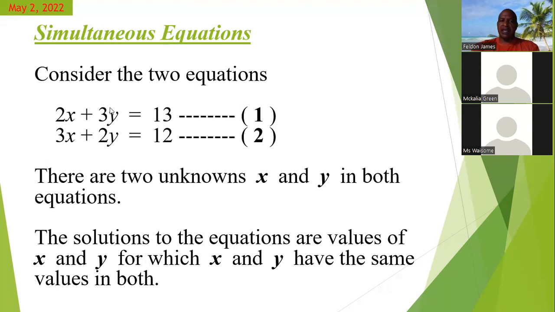The reason why we can solve these two equations together or simultaneously is because whatever value x has in the first equation, it's the same value x has in the second equation. Likewise, whatever value y has in the first equation, it's the same value it has in the second equation. That's a condition that you have to observe. You have to know that x and y values are the same in both equations.